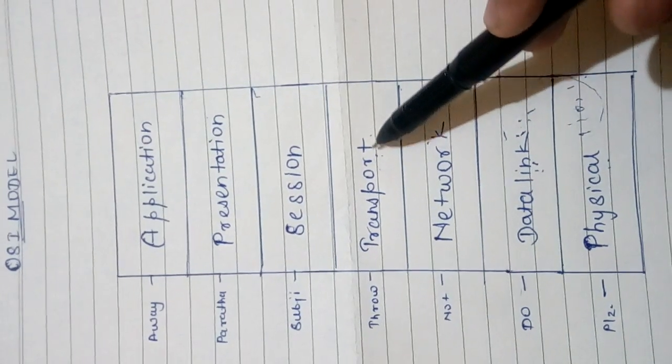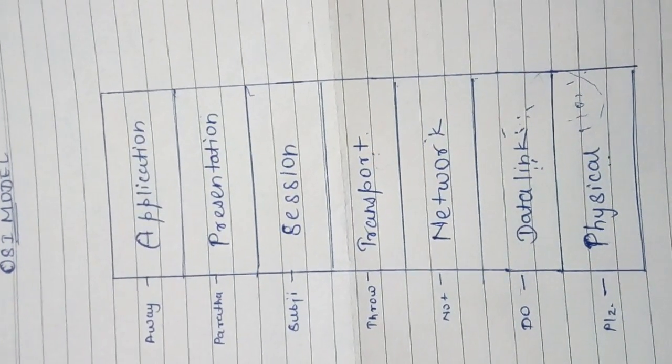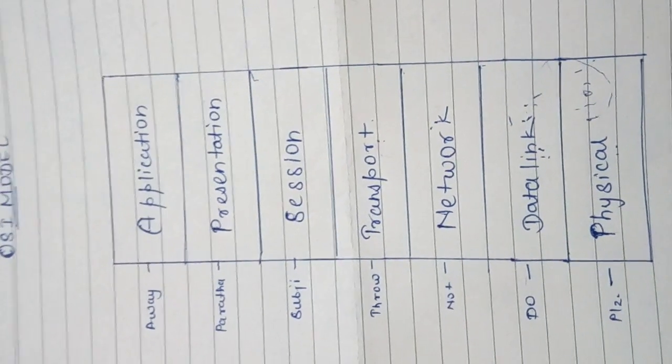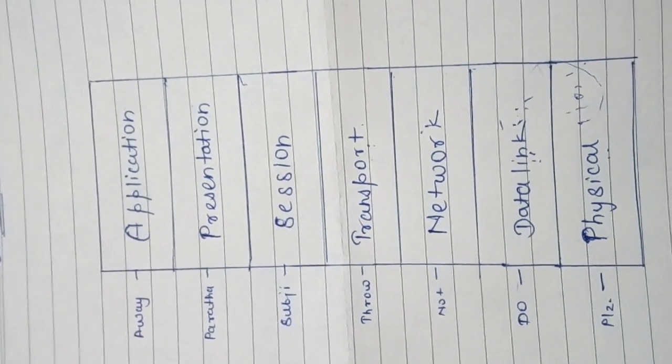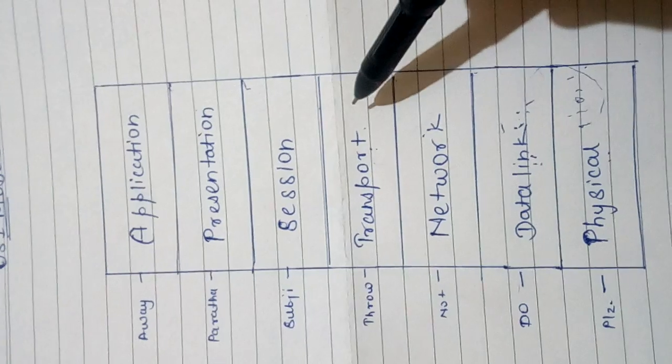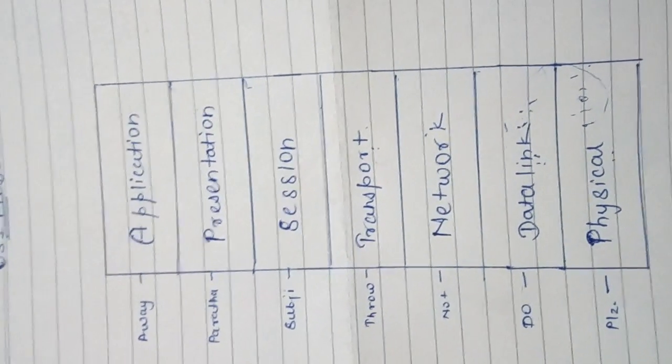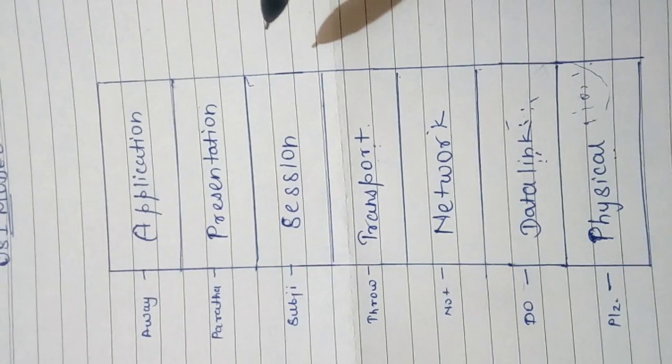Its main function is to check whether data is processed completely or not. If data is not completed, it sends a request or different notification to the main system to check that data.